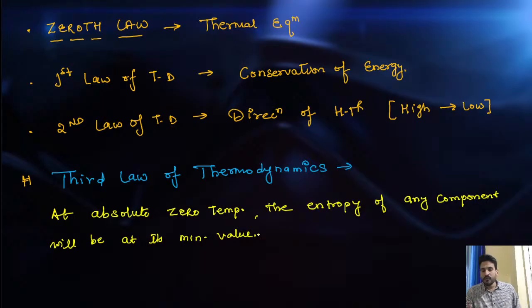I hope that you are aware of entropy. Entropy means the randomness of the molecules, right? So if you have any object and you suddenly drop it, its entropy increases, meaning the randomness of the molecules increases.